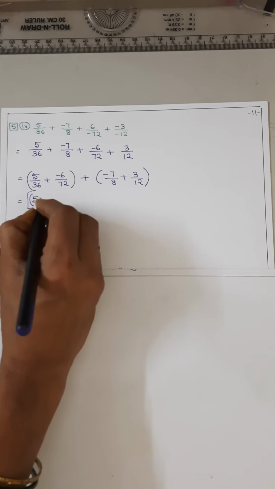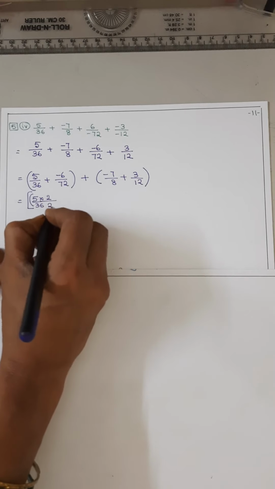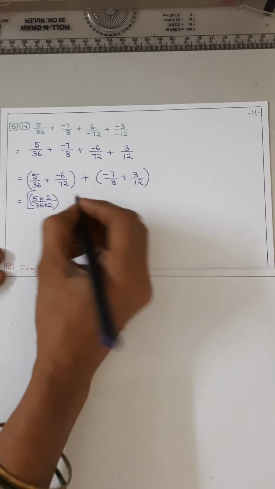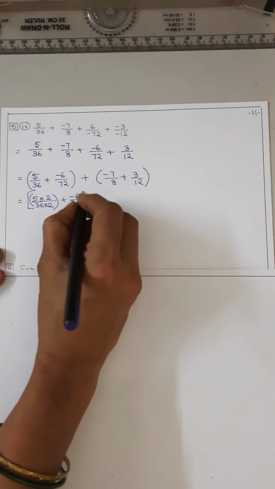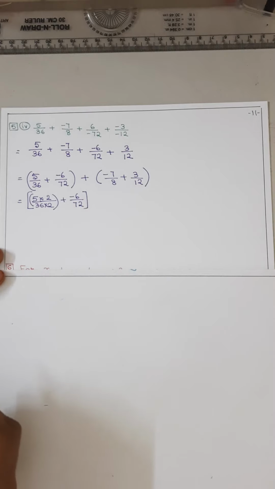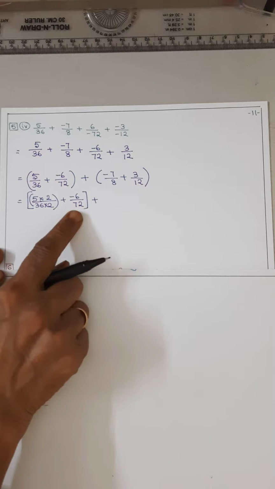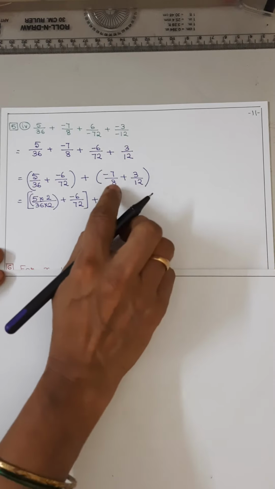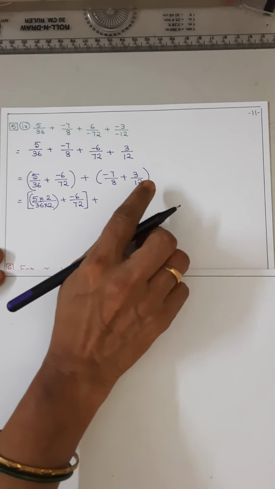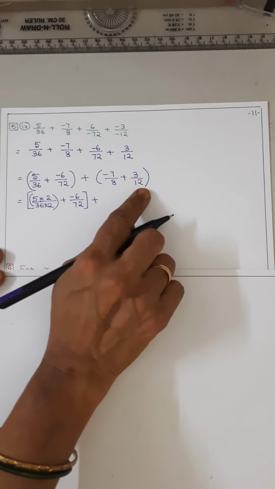5/36, to convert into 72, 36 2s, and 72 will remain the same. Okay, now plus into 1, so we are not writing that. Okay, now 8 and 12. 12 ones are 12, it is not in the table of 8. 12 twos are 24.